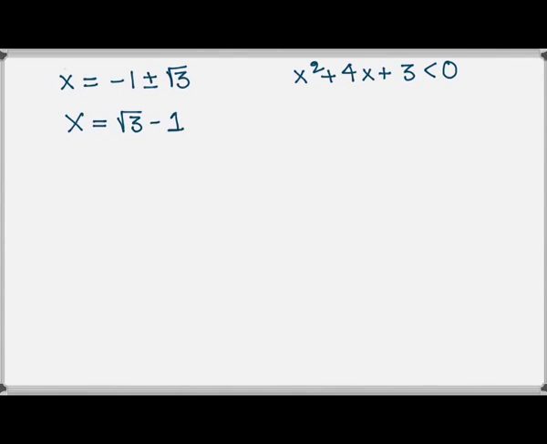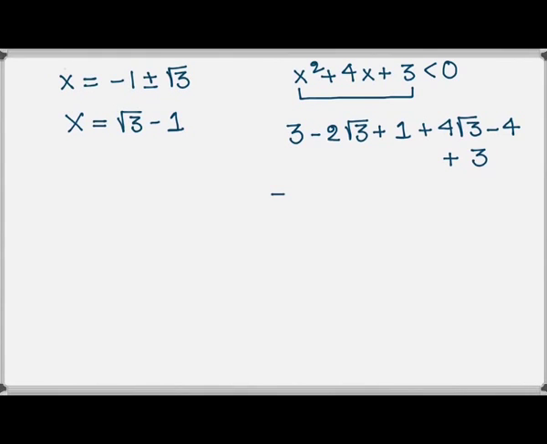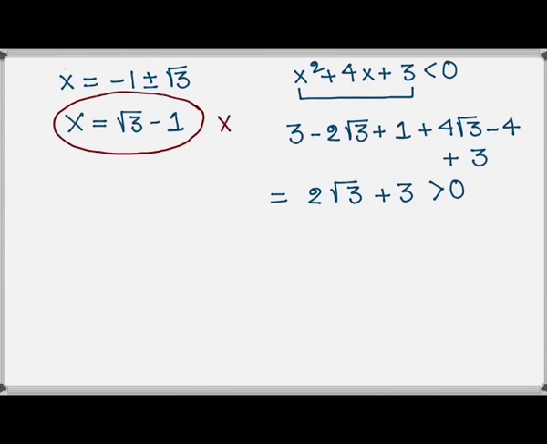So when we substitute this in the quadratic polynomial x square plus 4x plus 3, we obtain that 3 minus 2 square root of 3 plus 1 plus 4 square root of 3 minus 4 plus 3, and this is same as 2 square root of 3 plus 3, which is strictly bigger than 0. So therefore x is equal to square root of 3 minus 1 is not a solution.